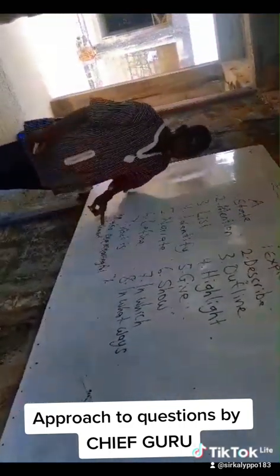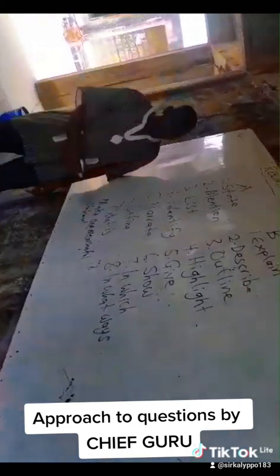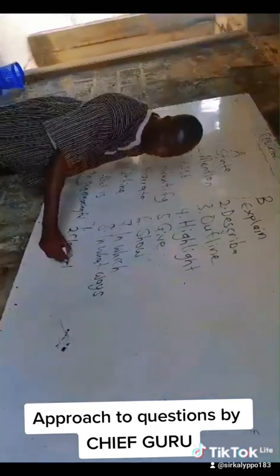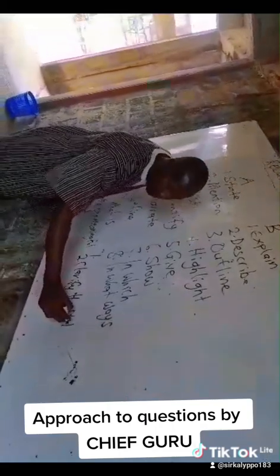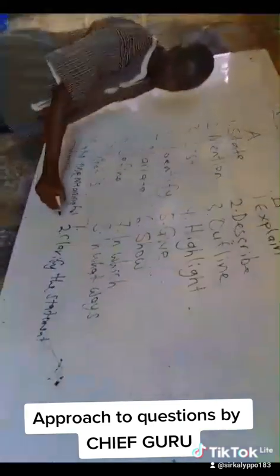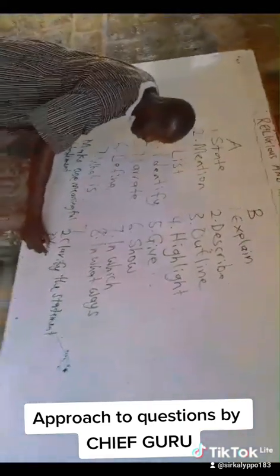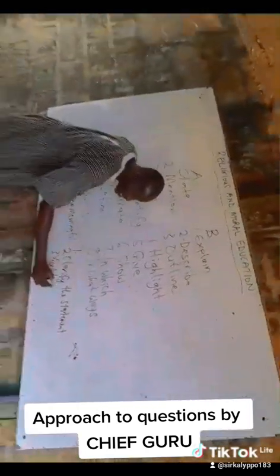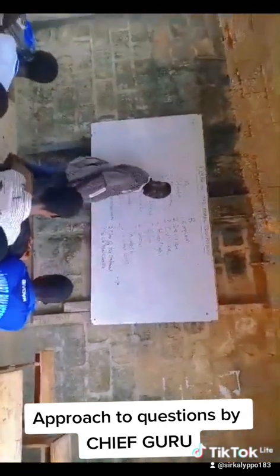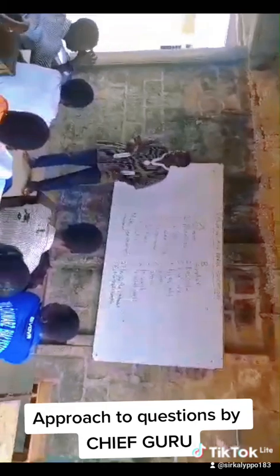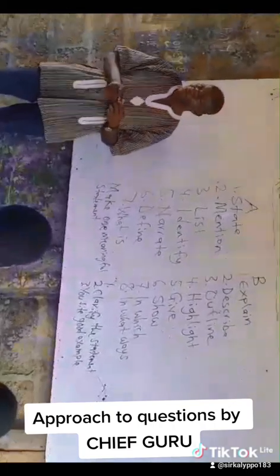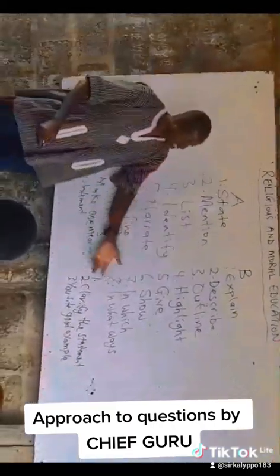So 1, you make a meaningful statement. 2, you clarify the statement. 3, you cite a good example on the statement you have given. These are the three things that we look out for when we are marking questions under the B.